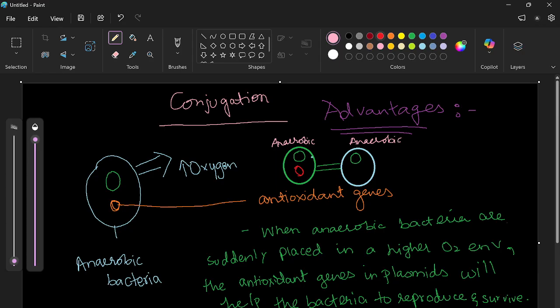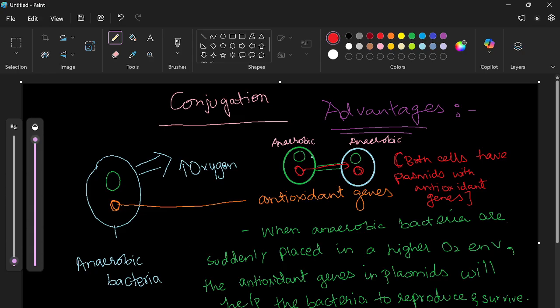So what will happen? This will then go over and one strand will go over here and then these both cells have plasmids with antioxidant genes and hence proteins.